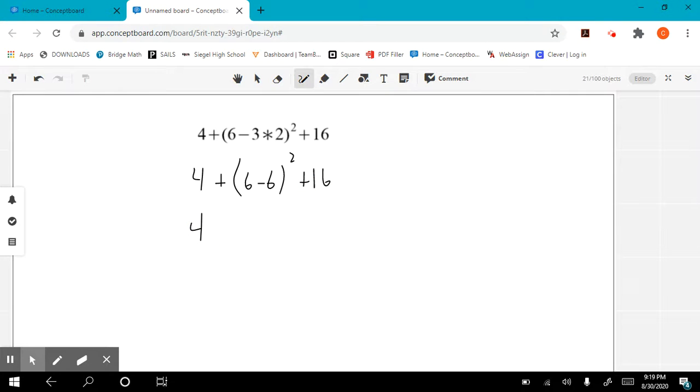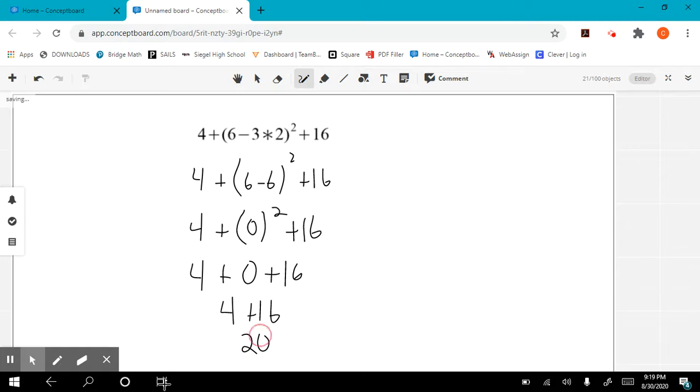Then that's going to be 4 plus 0 squared plus 16. Now I've gotten rid of my parentheses, so exponents. I have to do 0 to the second power, which is 0. And then I've got two additions. 4 plus 0 is 4, plus 16 equals 20. So that all simplifies down to 20.